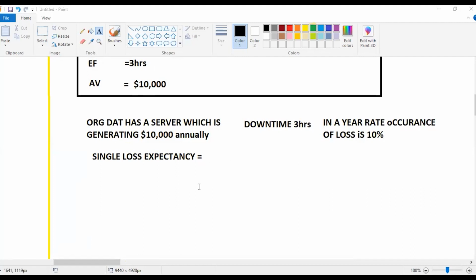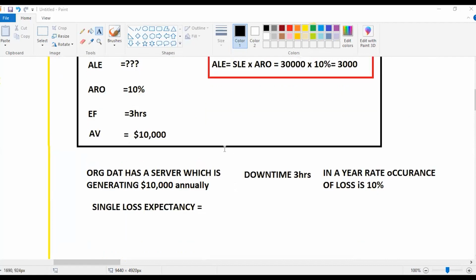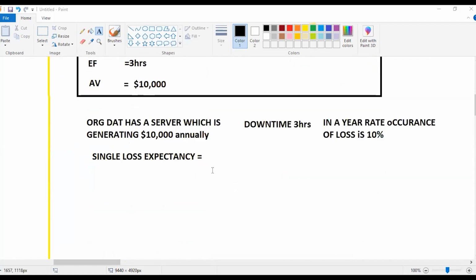So to find a risk, it needs to be calculated.